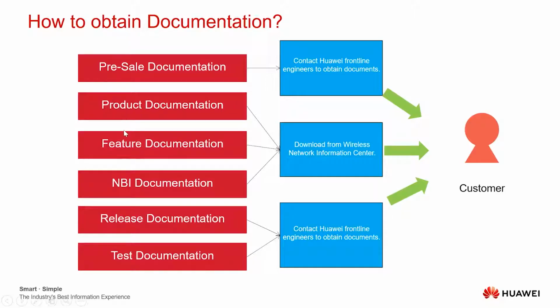And the product, the feature, and NBI documentation, these 3 types of documentation are standard packages that we provide for the customer. So the customer can download them right from their support website, specifically from the Wireless Network Information Center.